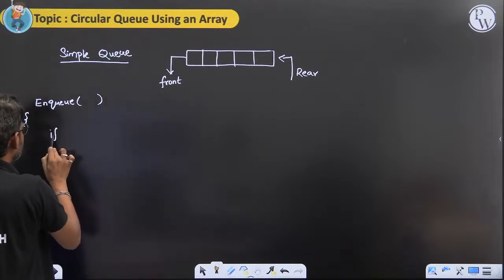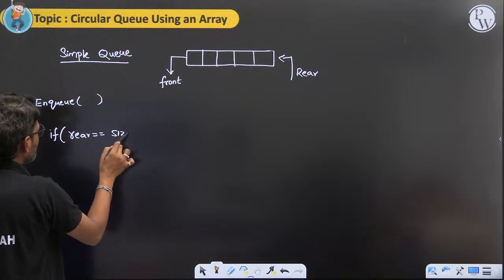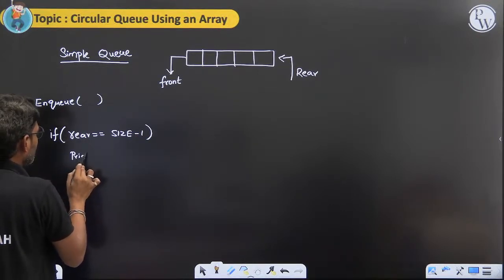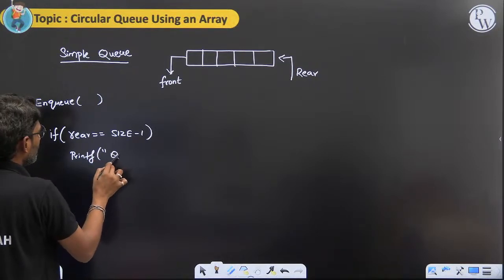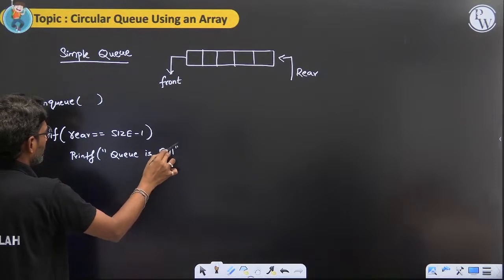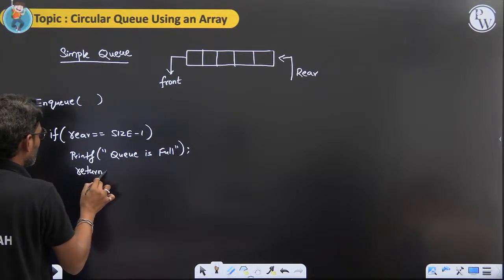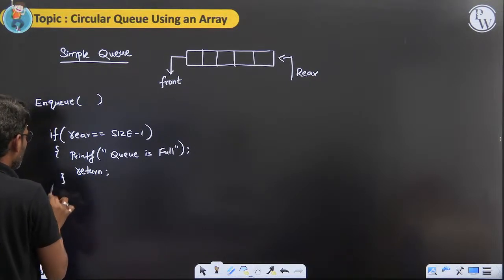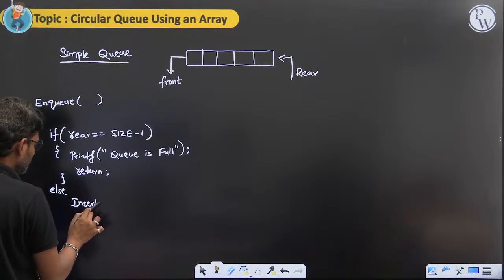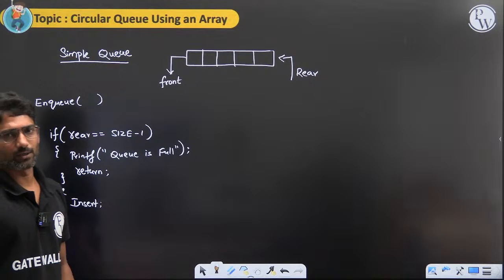If rear is equal to size - 1, that indicates the queue is full or queue overflow, and then we just return without inserting the new element, else we insert. While enqueue, this is what we check.